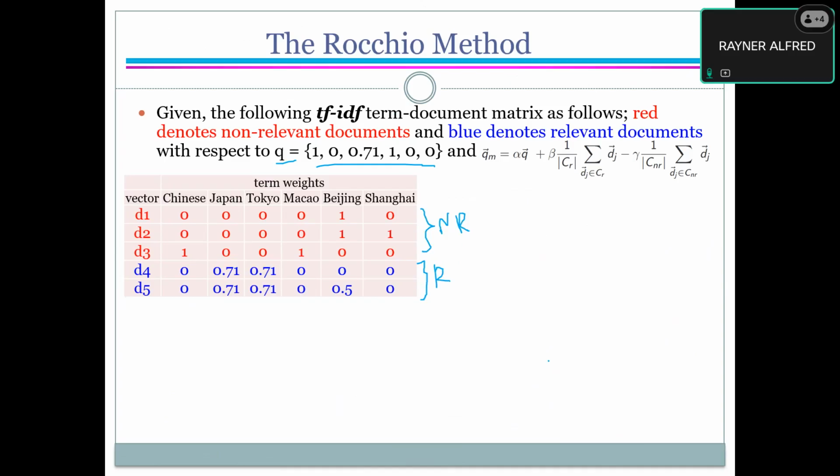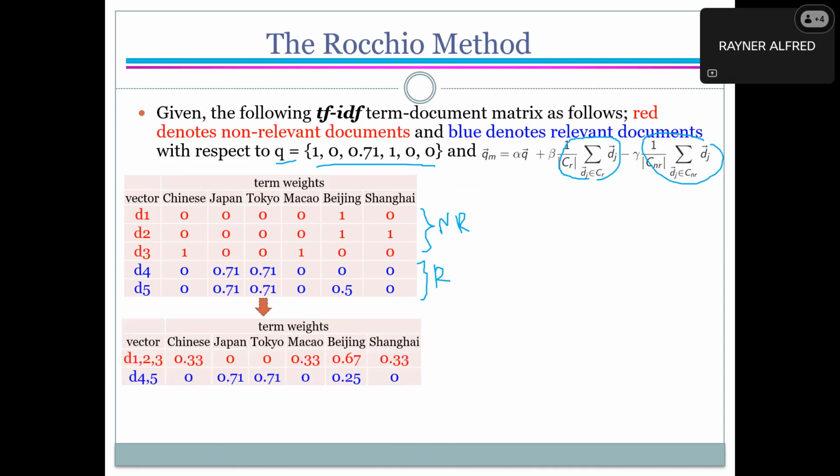Okay. So first, we need to determine what is the vector for both relevant and non-relevant documents. So based on this formula, basically we are taking the average only. Okay. So we will have two vectors. One is relevant and the other one is non-relevant document.